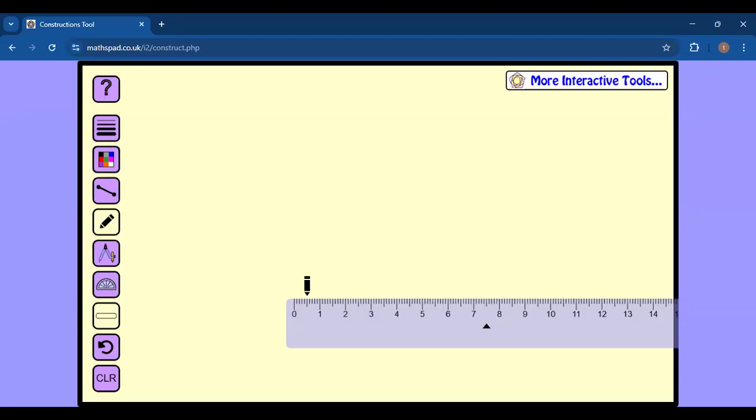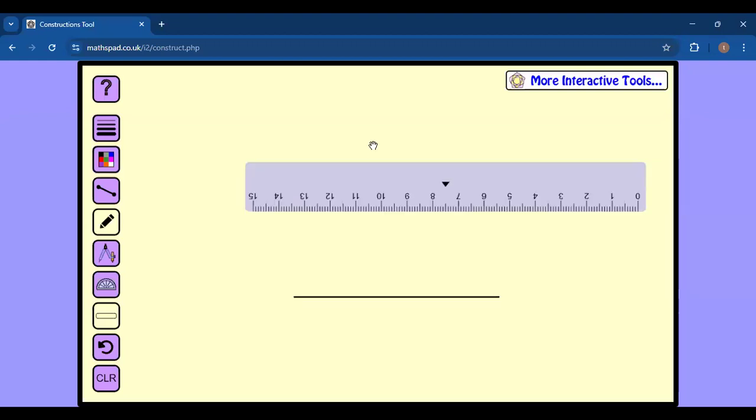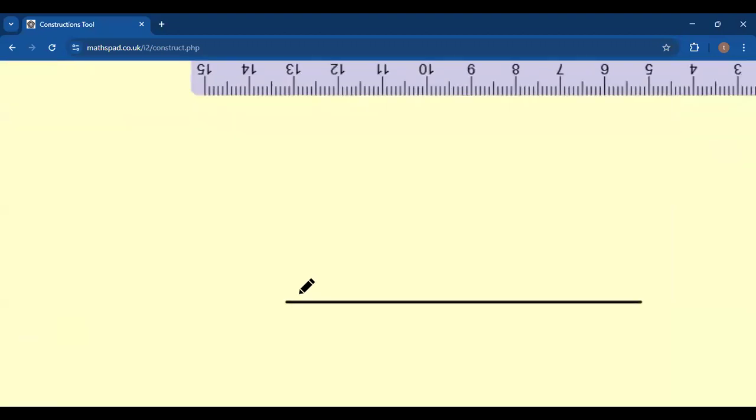Okay, so we're gonna start here, and I'm gonna make this 8 centimeters. Then I'm going to come here and put a dot.